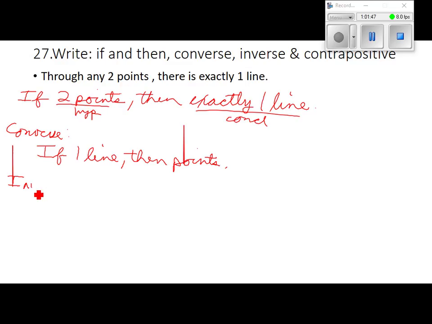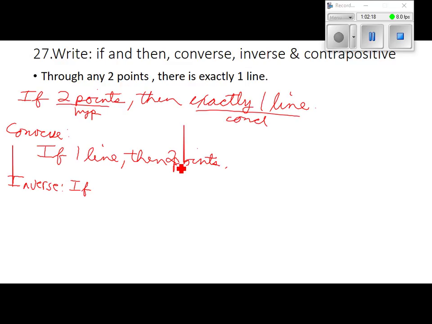Inverse. What's the inverse do to a statement? If not hypothesis, then not conclusion. So if not, you leave it in the original order. How many points does that one say? The converse, I think, said then 2 points. Sorry, I forgot my 2.